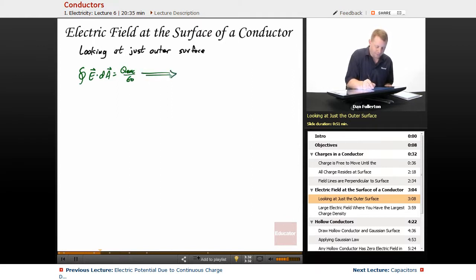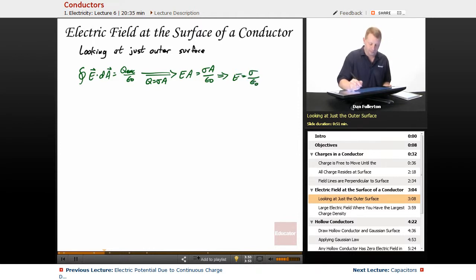And let's assume a surface where we have some symmetry. So we'll say that our charge is sigma A. Therefore, the electric field times the area is going to be our enclosed charge, sigma A, over epsilon naught, or the electric field is equal to the surface charge density, sigma, divided by that constant, epsilon naught.